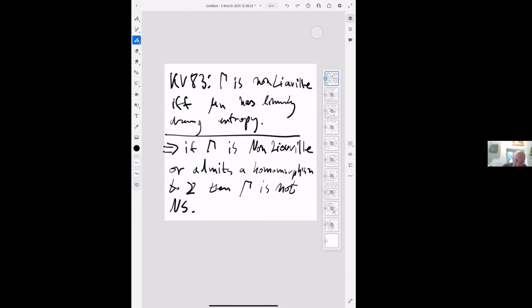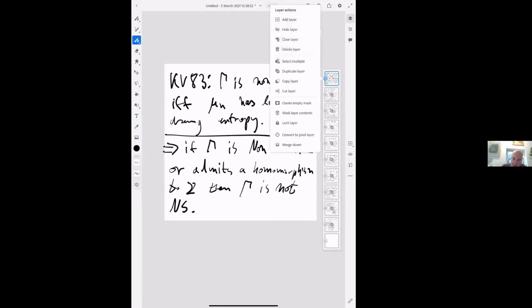And actually, we can relax the homomorphism: if it doesn't admit a finite index subgroup that admits a homomorphism to Z.